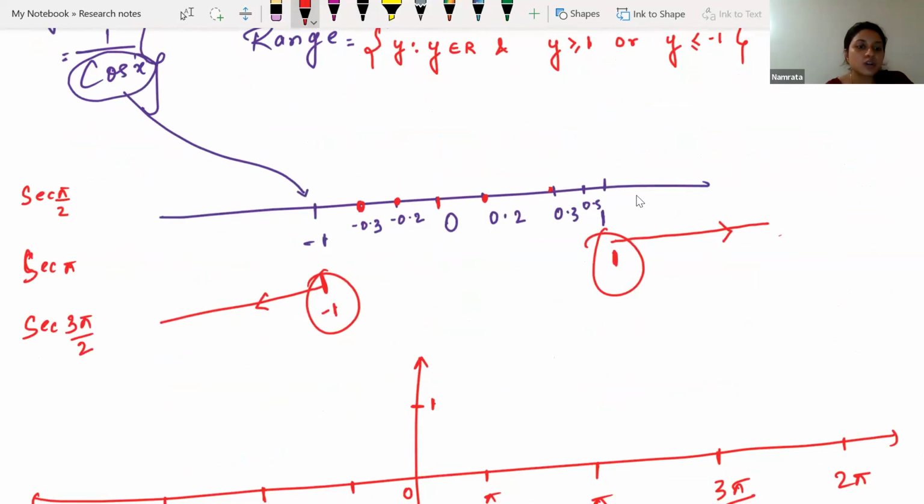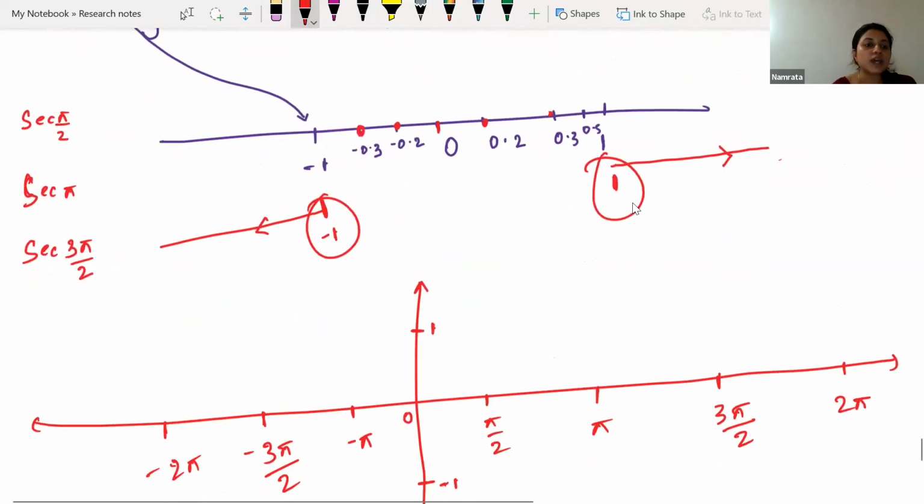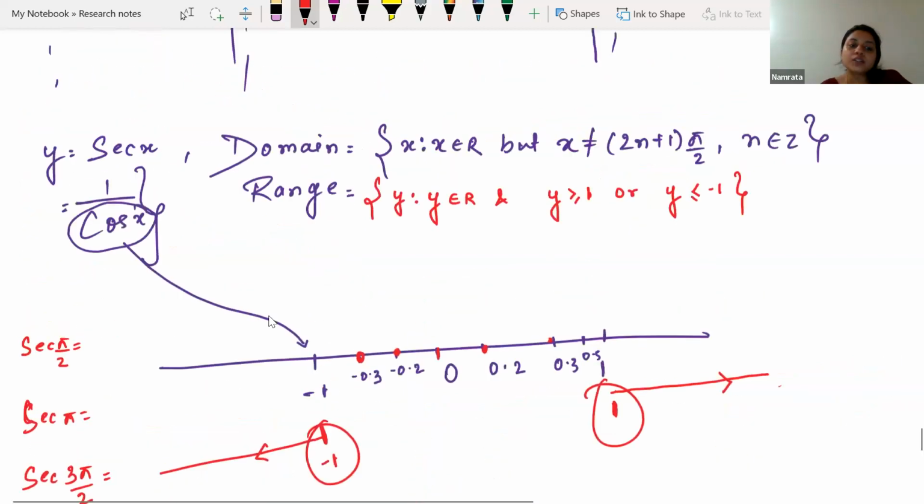Let me write it over here. Let me check which exactly one we will draw, and the rest of the graph will follow the same pattern. So sec pi by 2 will be the reverse of cos pi by 2.